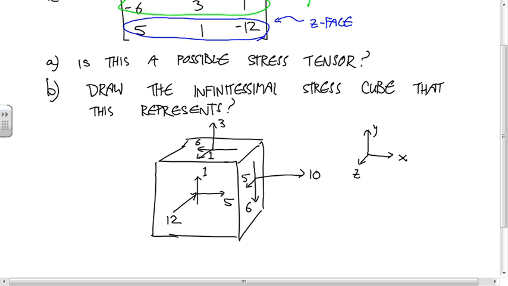Looking at these now, remember all of the stress values coming perpendicularly out of the face are the normal stresses. So the 3 and the 10 and the 12 are normal stresses. All the ones parallel to the faces are shear stresses.